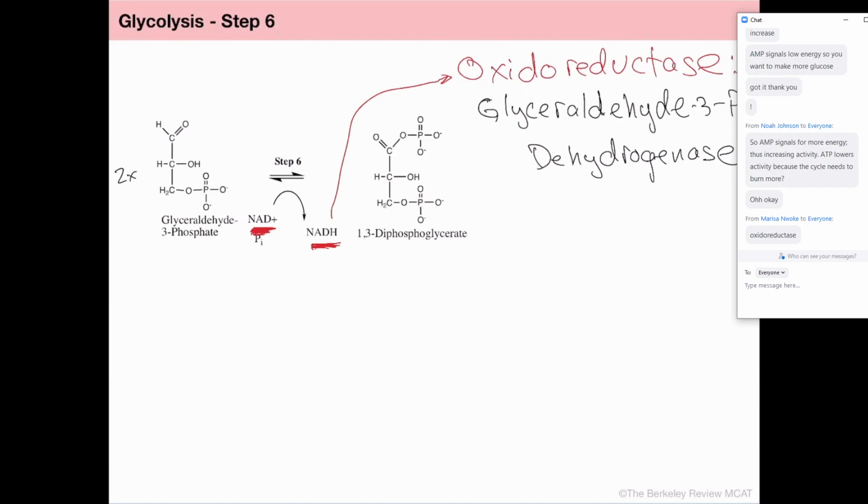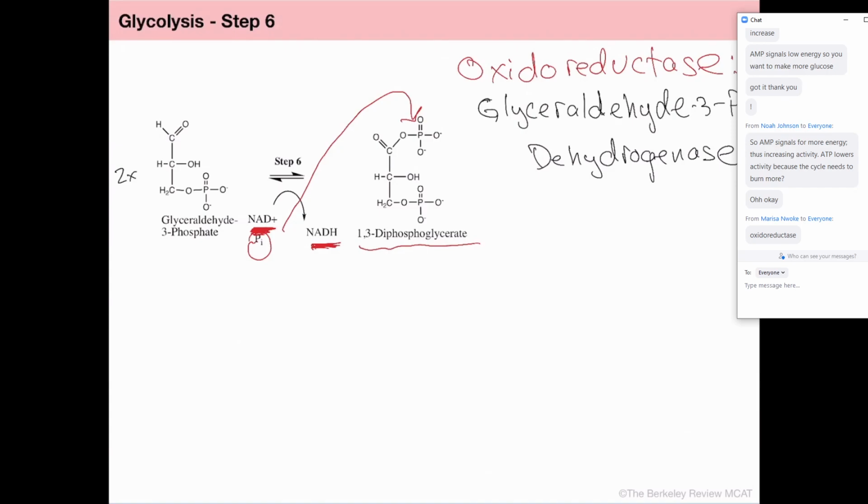And so this is step 6, right? We're taking the oxidation of an aldehyde and turning it into a carboxylic acid, which is usually favorable. And because it's favorable, you can couple that and add this phosphate group onto this molecule. So you'll notice now that 1,3-diphosphoglycerate is this 3-carbon molecule that now has 2 phosphate groups on it.